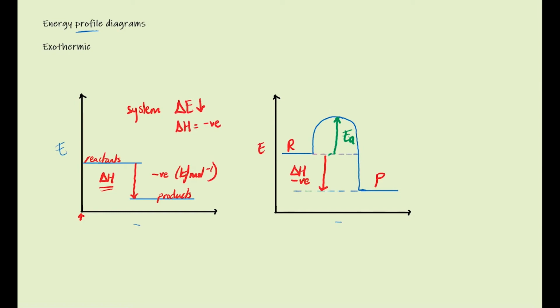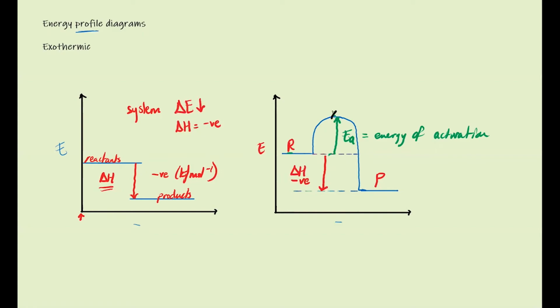Normally, we write that as EA, but if we wanted to write that all out, it would be energy of activation. It's always the difference in energy of reactants and the top of that peak that is the energy of activation, or activation energy. Just while we're here, we'll also label one other thing.